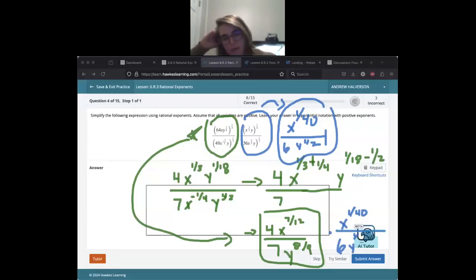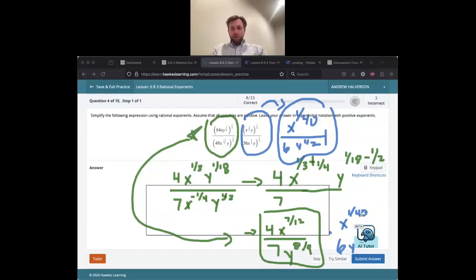Change my color ink. It's not doing well. Can't really see it. I hate to use red, but I'm going to use red. So x.